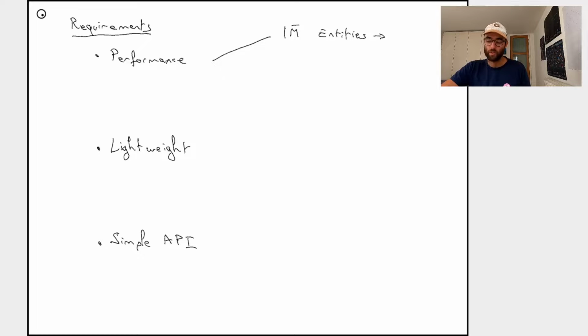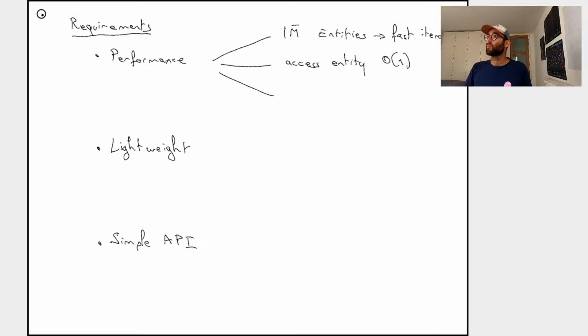We want to be able to iterate over a lot of entities quickly. What we're going to be doing a lot as well is accessing entities. So we want to be able to access an entity in constant time, so O(1).